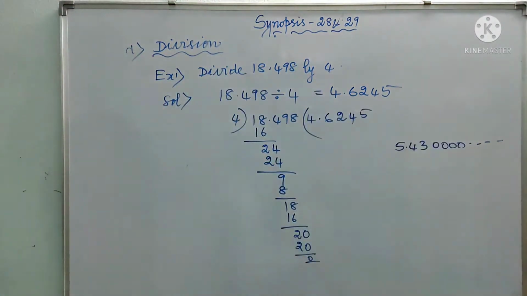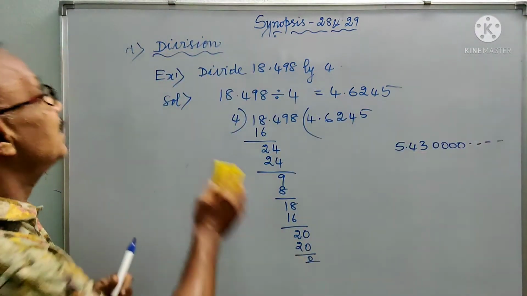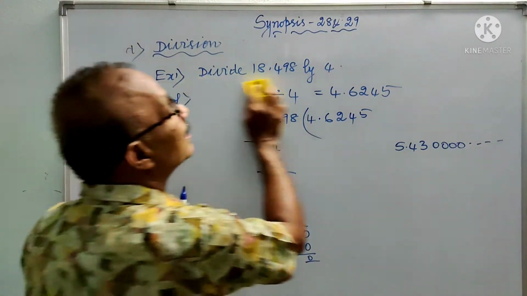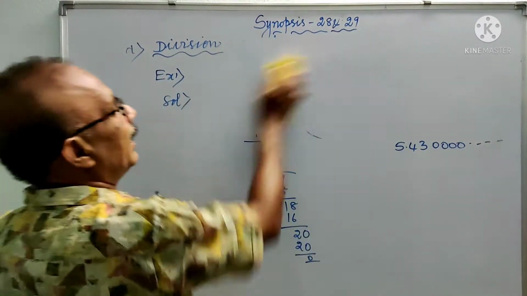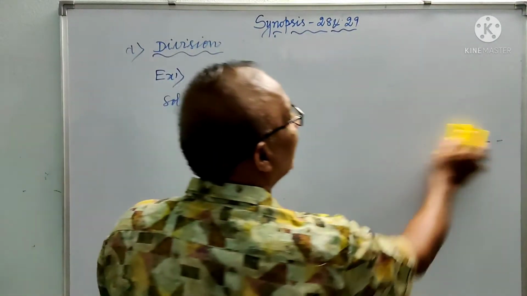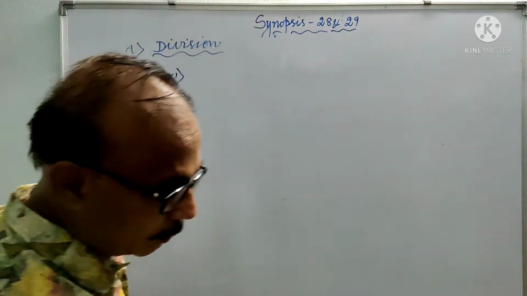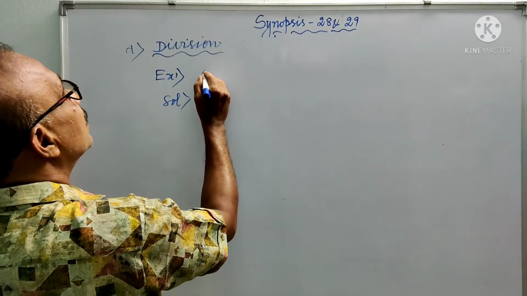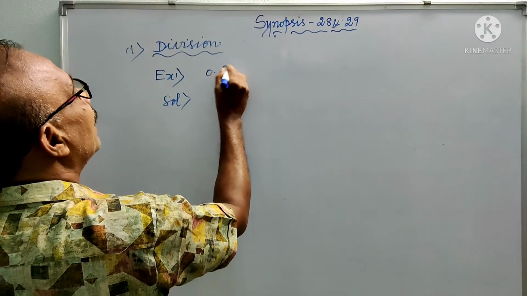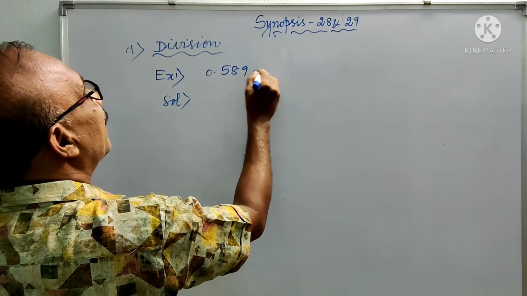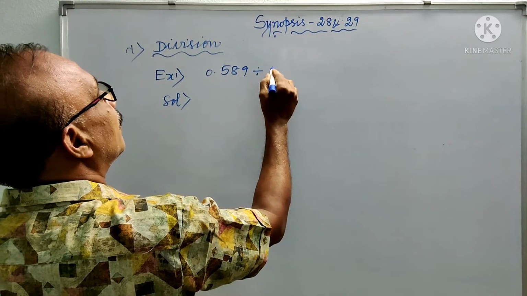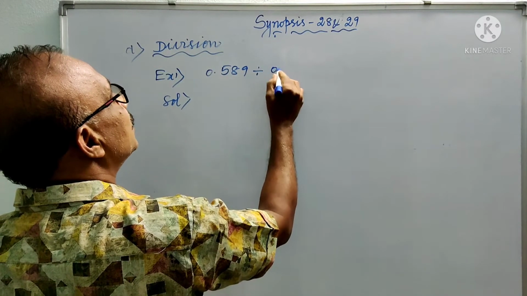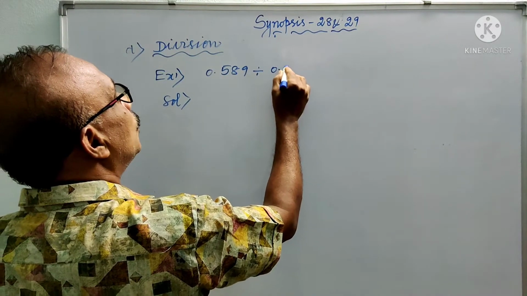Now let us see how to divide a decimal number by another decimal number. For example, 0.589 divided by, I'll say, 0.25.